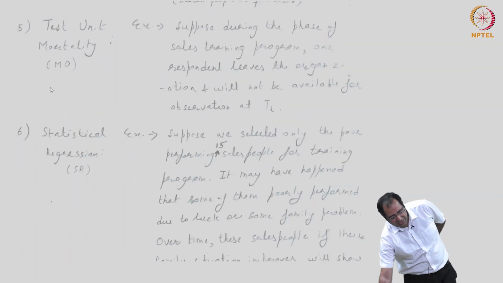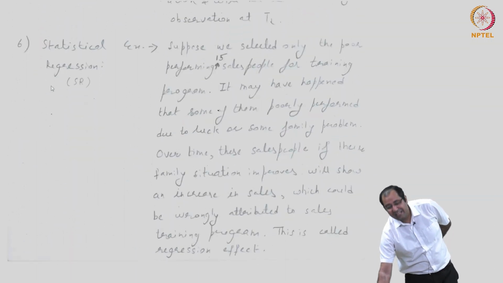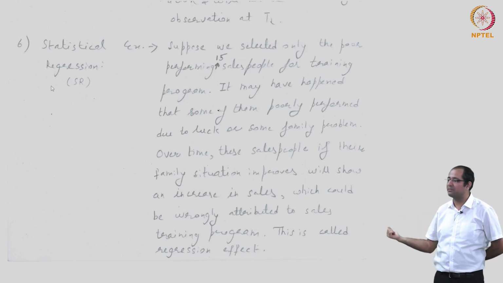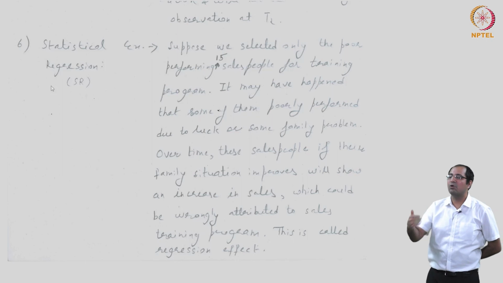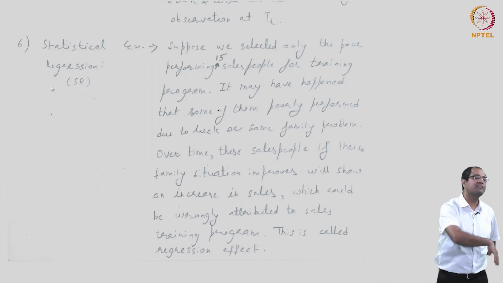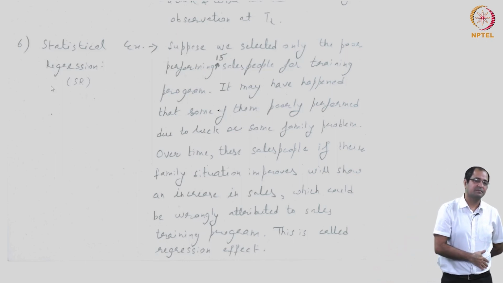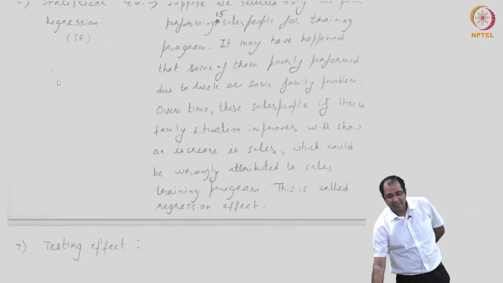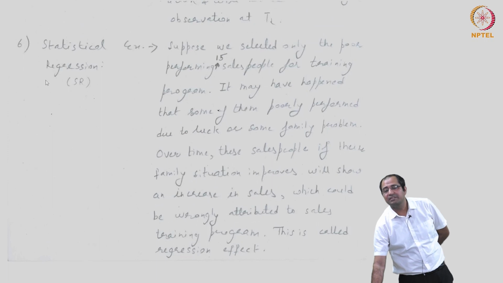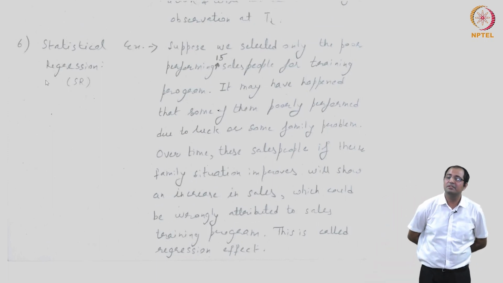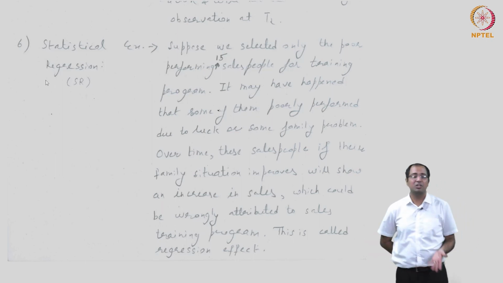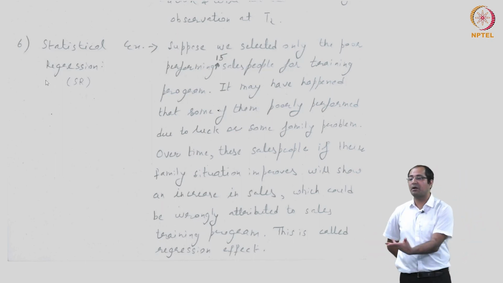So these are 6 things that we need to control, we need to take care of when we conduct an experiment, because these would not allow us to conclude that X is a cause of Y. Are there more? There are more. There are 2-3 more problems. So in an experiment there are many problems. We cannot just conclude that X is a cause of Y. There are these problems that come up.